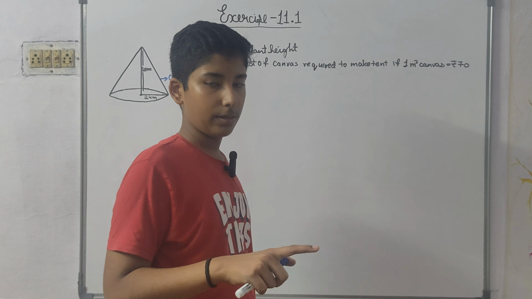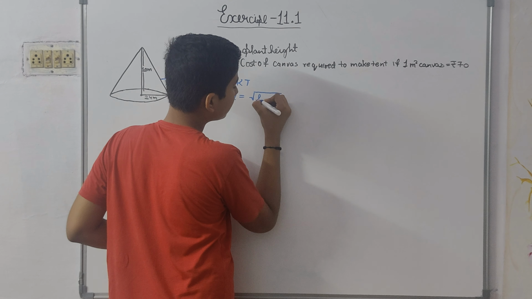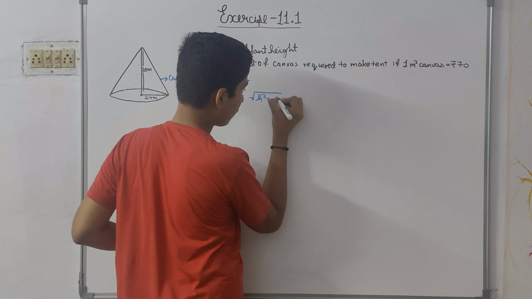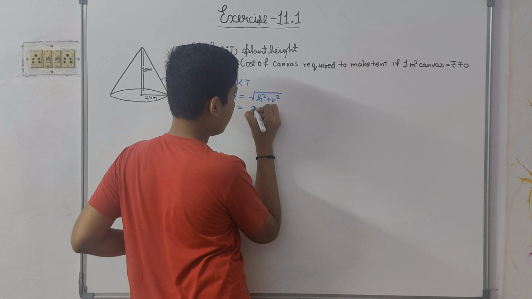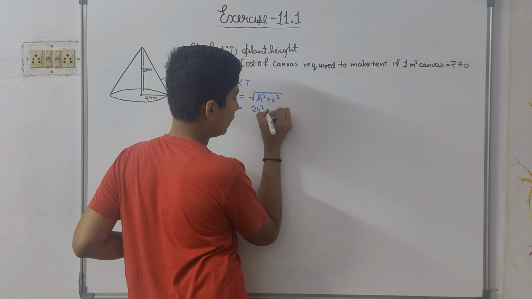We know that L equals root of h square plus r square, which is 24 square plus 10 square under root.